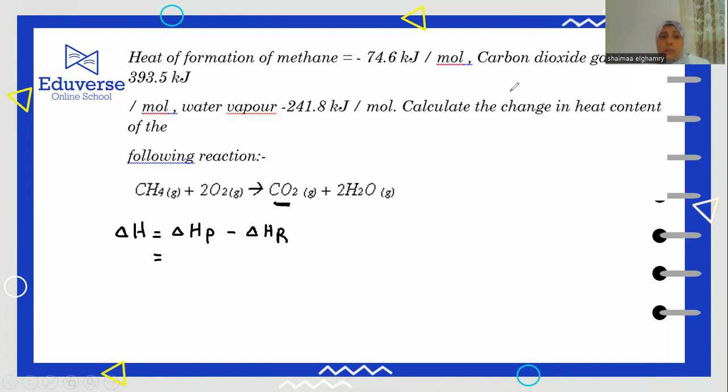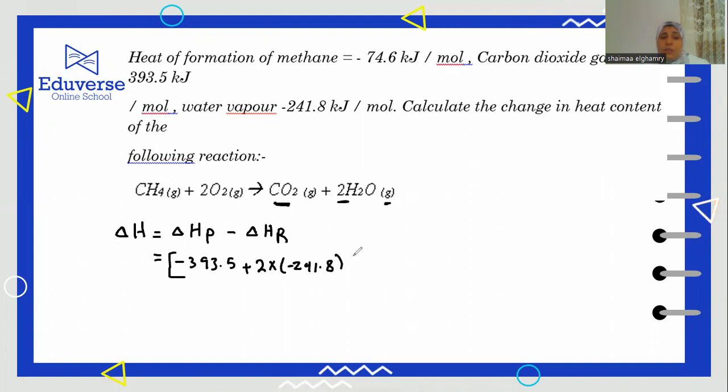It equals negative 393.5, plus, in the product we have 2 moles of water. So it's 2 times the heat of formation of water vapor, which equals negative 241.8.